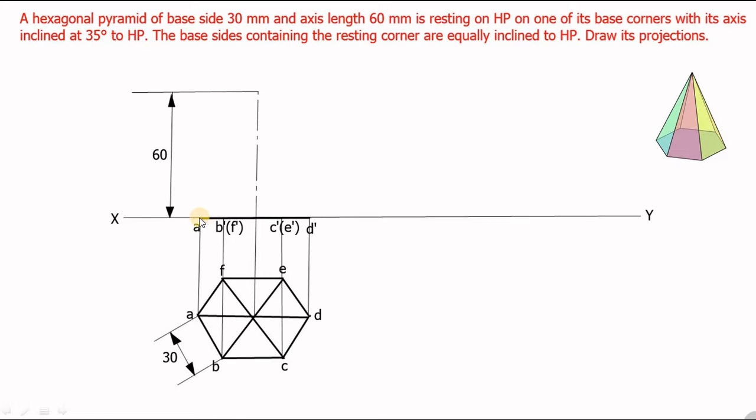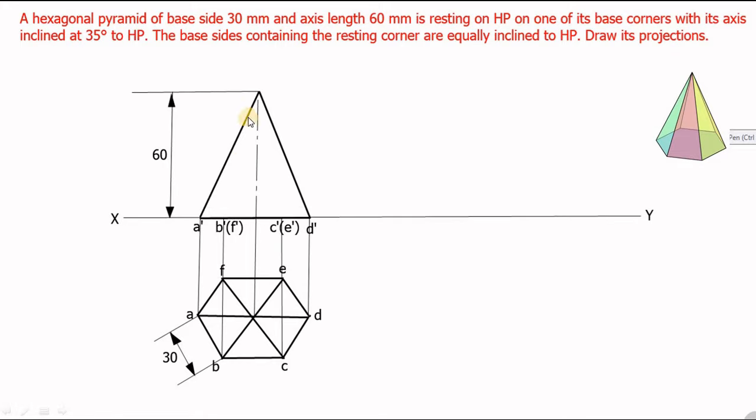Now join A dash and this apex, similarly D dash and this apex. This will be the front view. Apart from this, two more slant edges will be visible in the front view, that is B and O, C and O, which should also be drawn.